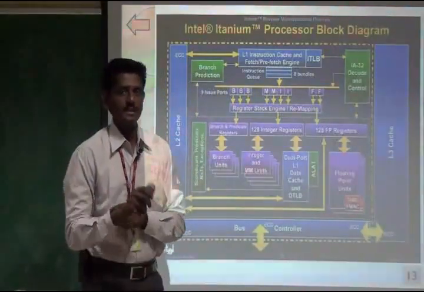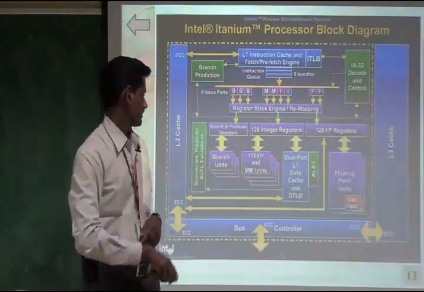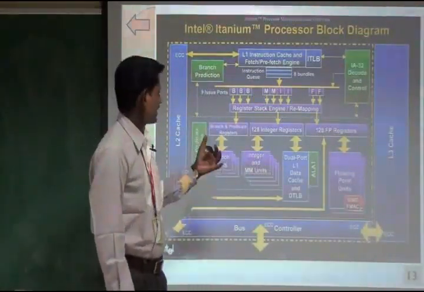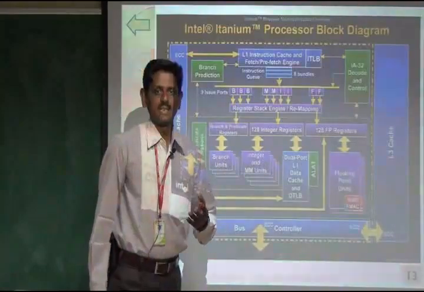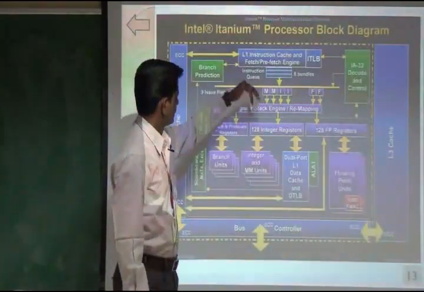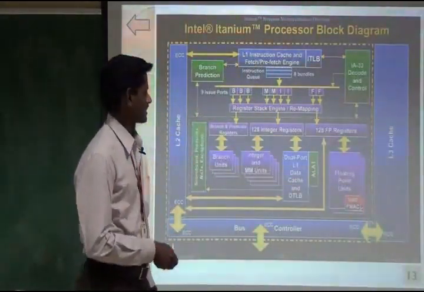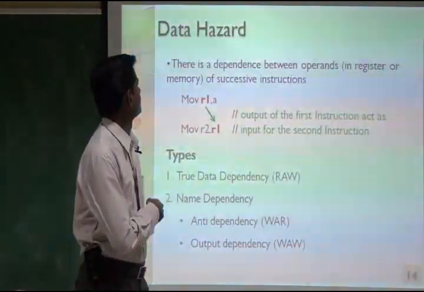It means it is possible to execute 9 instructions at a time. So by using multiple functional units or by using levels of memory, it is possible to solve the structural hazard.